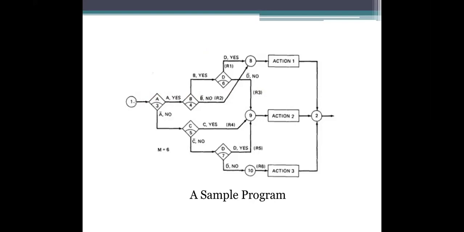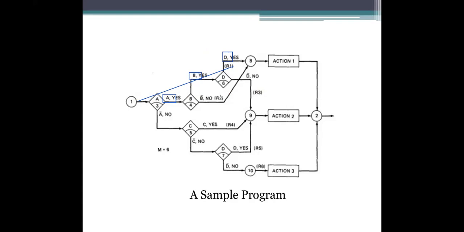I started from A and reached R1. See what is covered here: it covers A, then B, then D. And what are the truth values here? Yes, yes, yes.